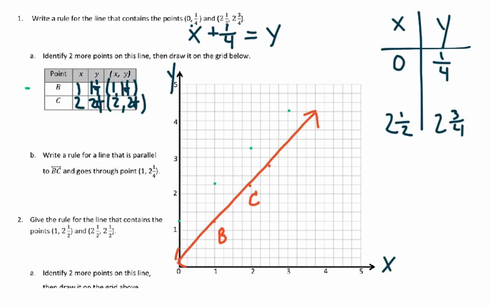So now I'm making it parallel to that, but I have to hit the point 1 and 2 1/4. So I have what my original rule was, and it was x plus 1/4.